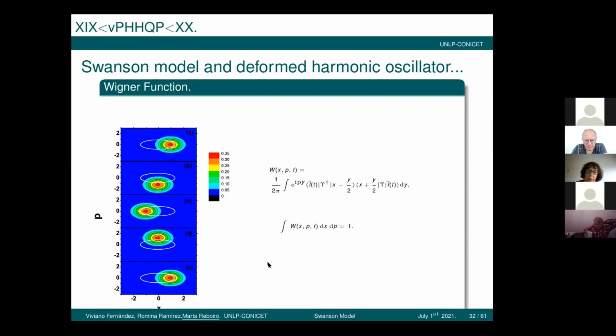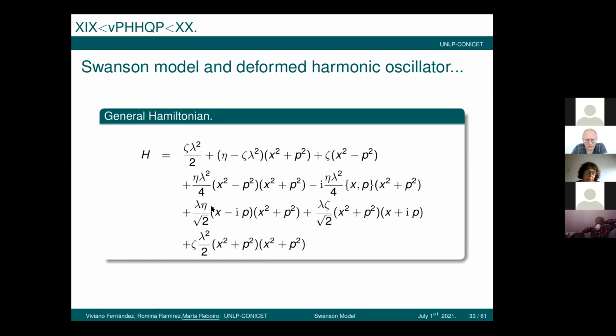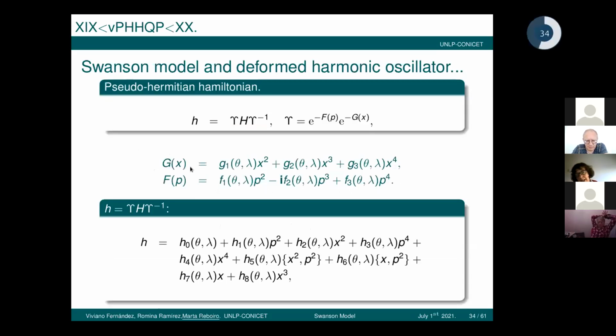So we came back to the Hamiltonian. We have the quadratic term and the rest, and perform another similarity transformation. After overcoming some algebra, we end up with a harmonic Hermitian Hamiltonian in powers of x and p.